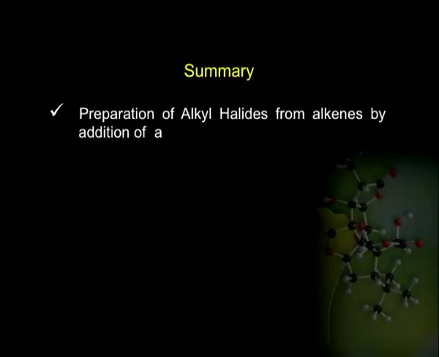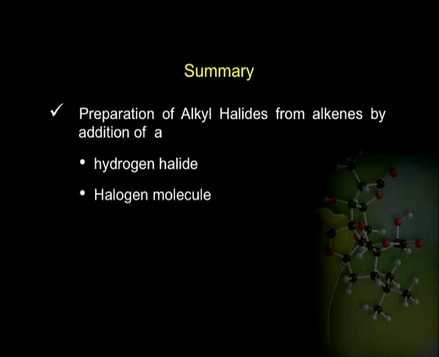So, let us sum up what all has been dealt in this particular session. We have talked about the preparation of alkyl halides from alkenes by addition of hydrogen halide and halogen molecule, or we have seen that allylic halogenation is another possibility in case of alkenes by which we can prepare alkyl halides.